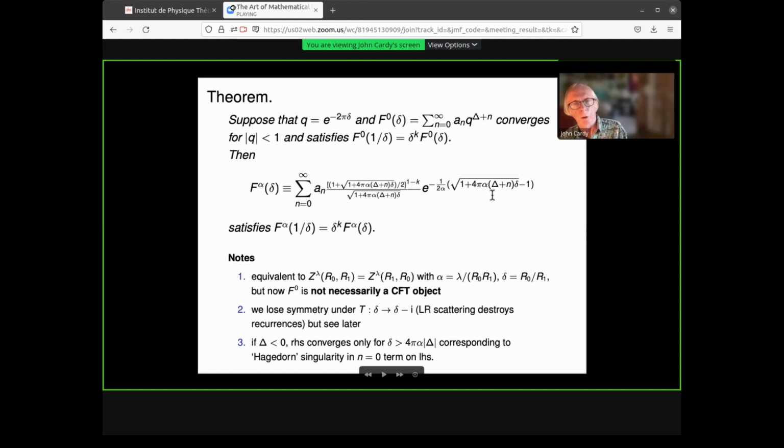If the n equals 0 term here, if delta is negative, there is a singularity on one side or another of this equation, which means that the series does not converge, but the way in which it diverges on one side is going to be controlled by the singularity on the right-hand side.